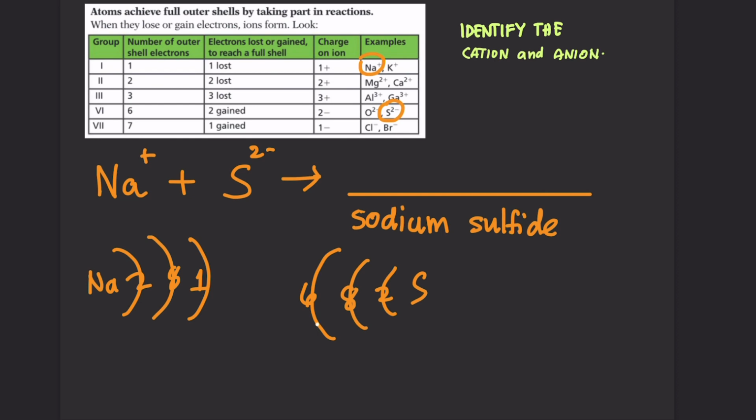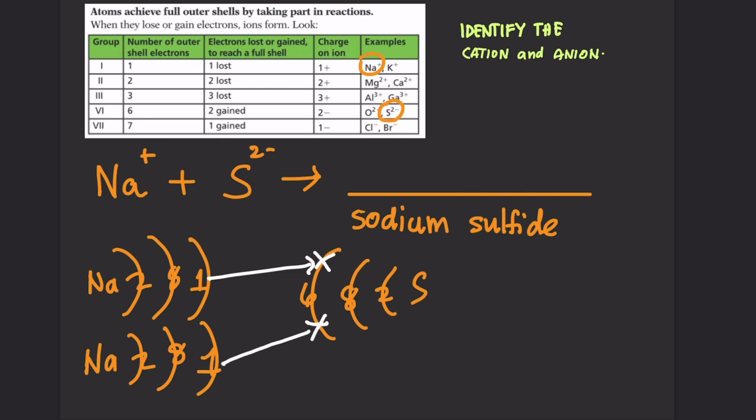But sodium only wants to give 1 electron. So what will happen? We need another sodium. So this one goes over here. So what is the formula? We need 2 sodium to bond with 1 sulfur atom. So you have sodium sulfide.